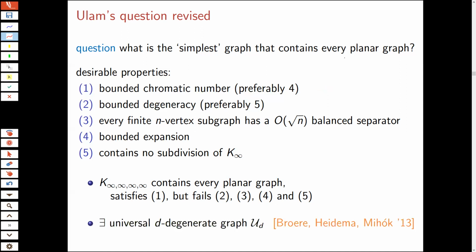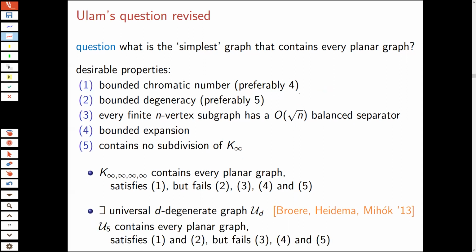Well, what else might we do? Well, there are results focusing on the second property. For every number D, there's a universal D-degenerate graph. So this graph with D equals 5 contains every planar graph, and it satisfies 1 and 2. This graph would be 6-colorable, but it fails properties 3, 4, and 5.